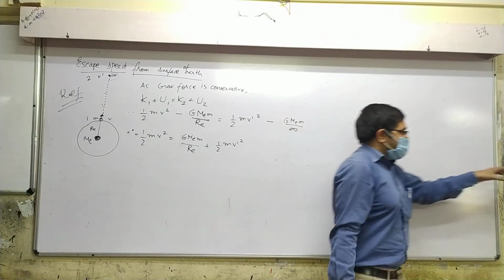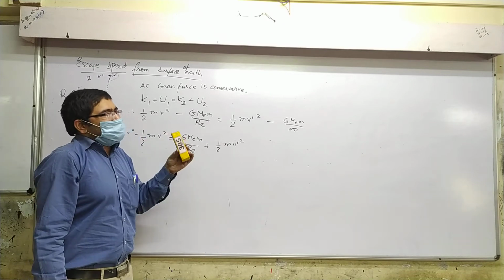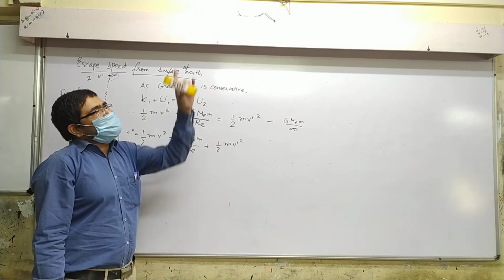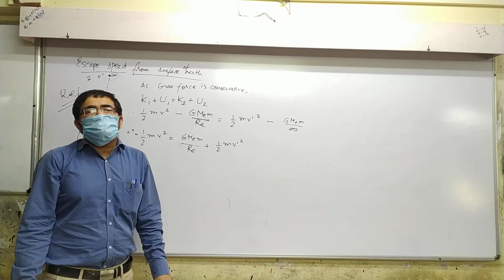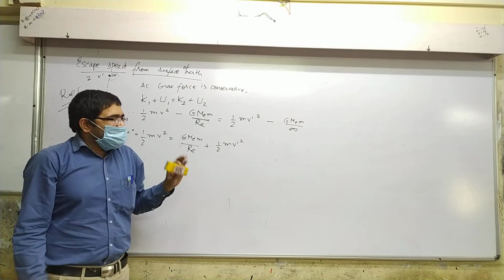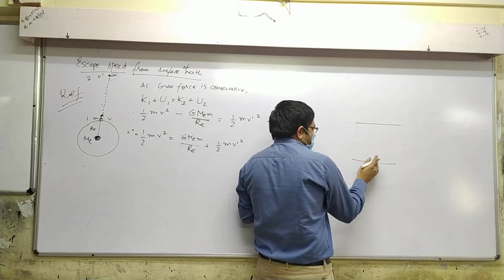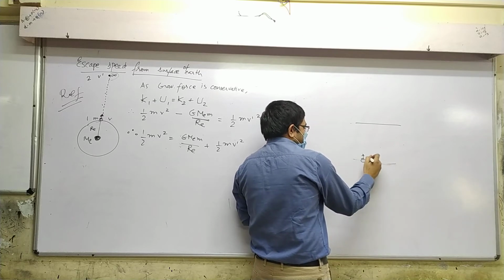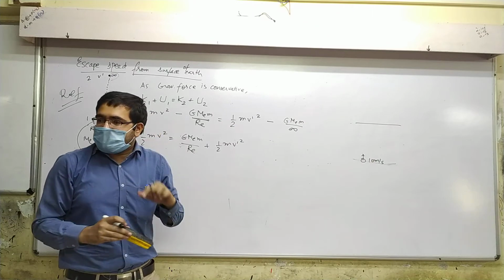Now, let's understand this concept of minimum using a simple example. Let's say I take this duster and my aim is that I want this duster to hit the ceiling. Suppose the required speed of throwing is 10 meters per second.